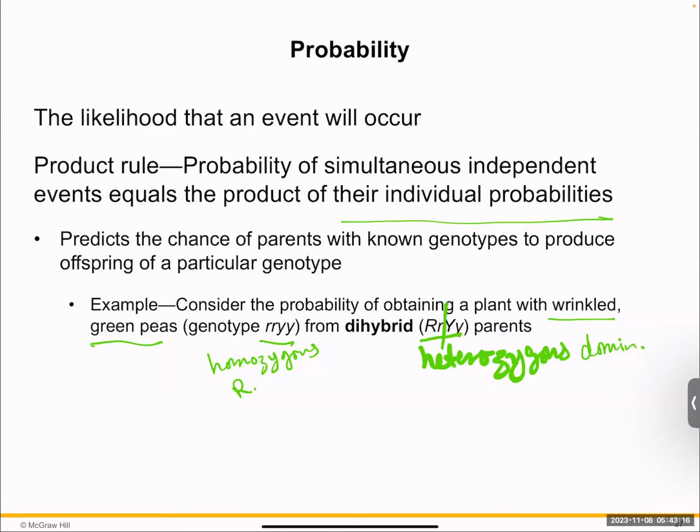So I'm going to calculate the chance of heterozygous dominant parents having an rr offspring for one trait, and the chance of them giving rise to a homozygous recessive for the other. Each of them has its own probability, right? Whatever probability I get for each of these, I multiply them to get my final answer.